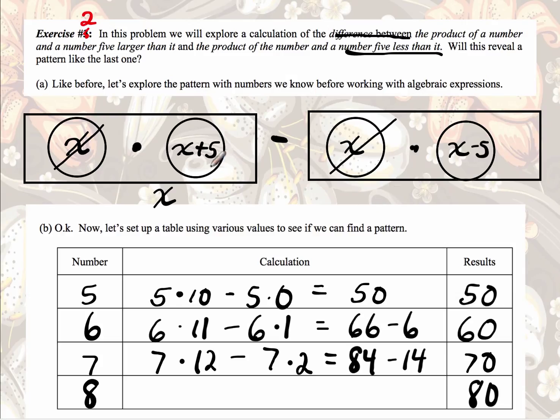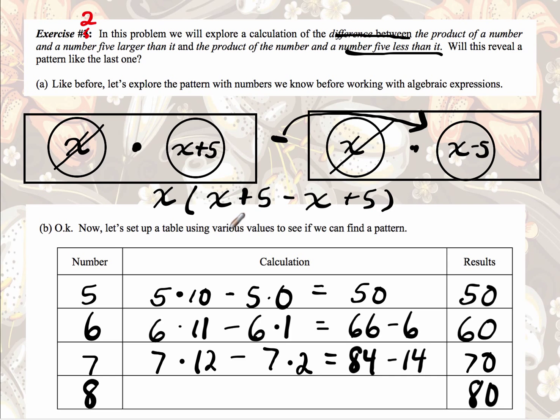And what do I have left when I pull out that x? Well, I had this x plus 5, and then I had a minus. So remember, when I have a minus, I got to change everybody who comes after. So I have to change x to negative x, and negative 5 to positive 5.